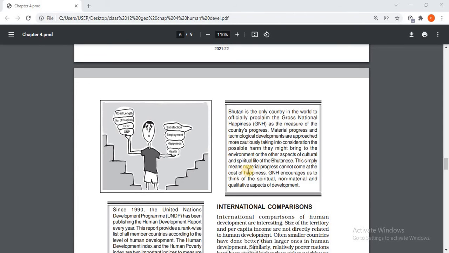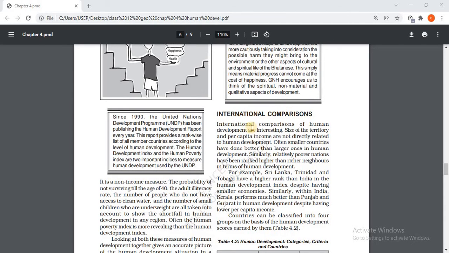This simply means material progress cannot come at the cost of happiness. GNH encourages us to think of the spiritual, non-material and qualitative aspects of development.